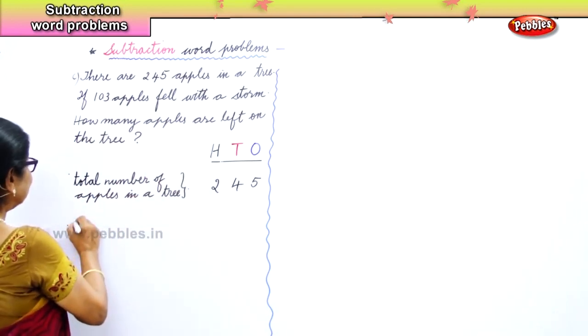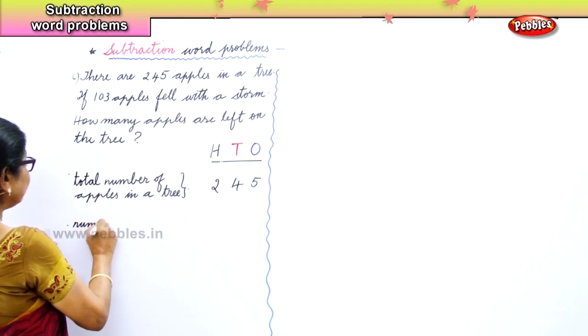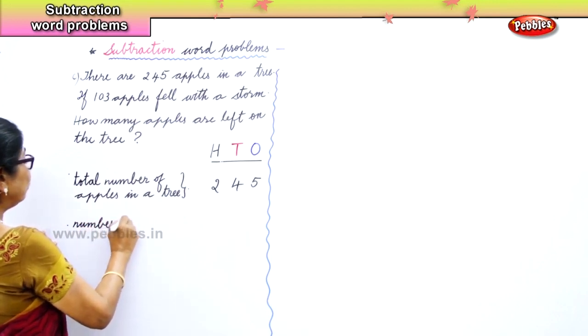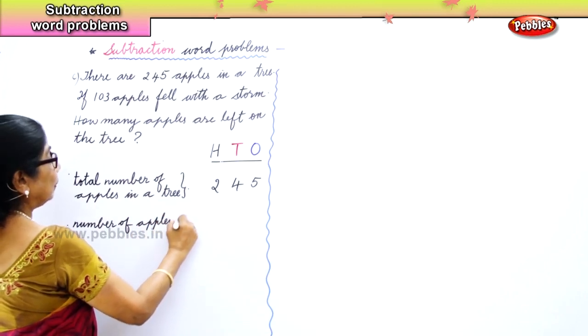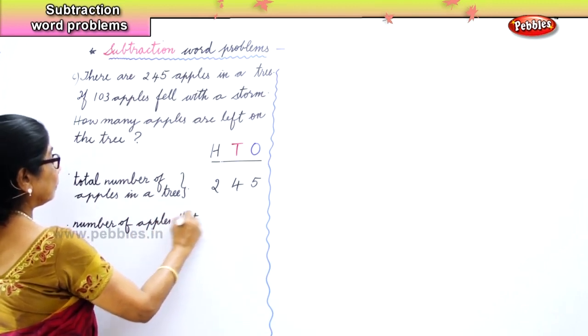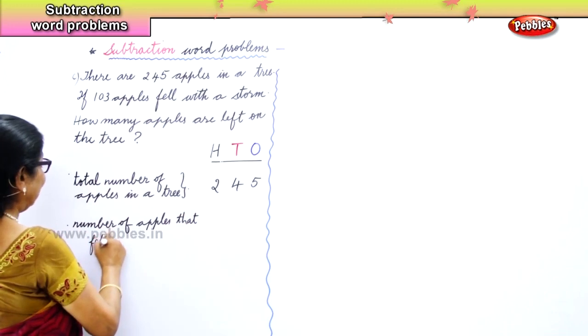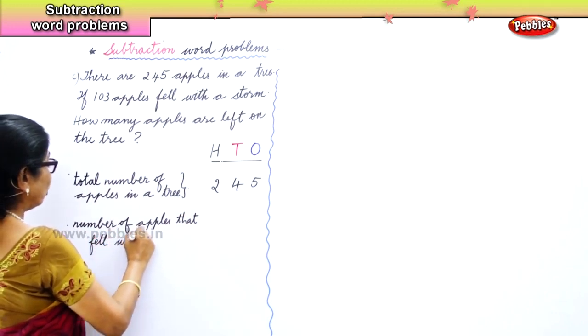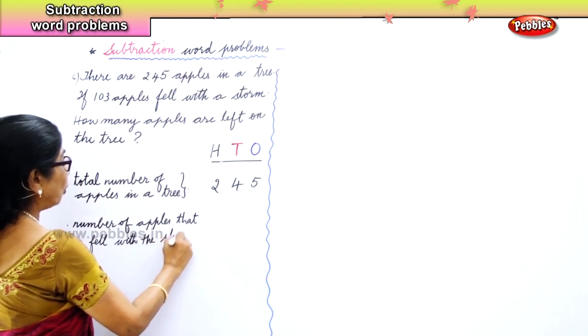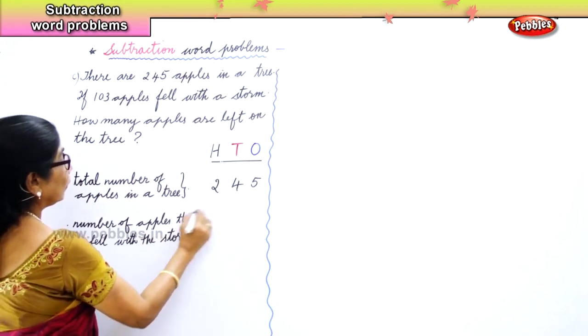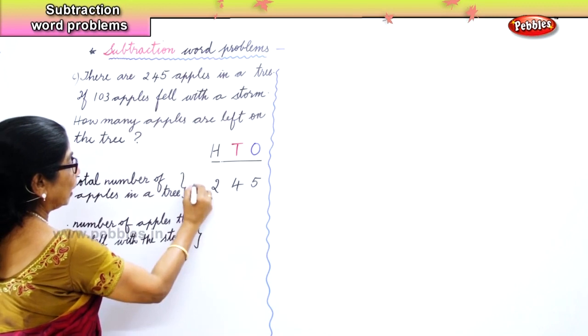Next one. Number of apples that fell with the storm. Next statement is number of apples that fell with the storm. Big storm came. Everything came down. Okay?